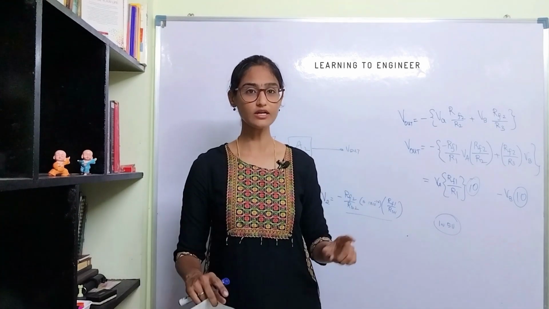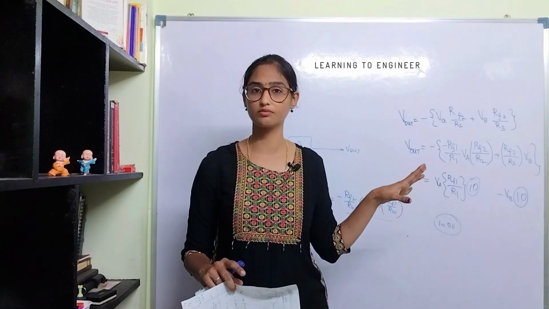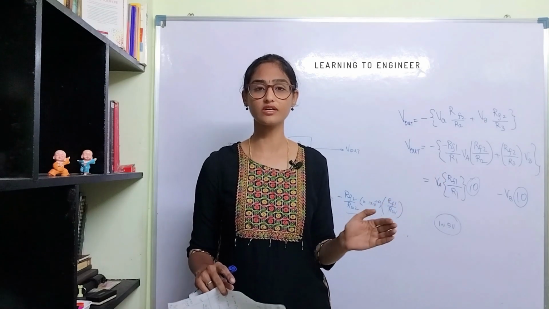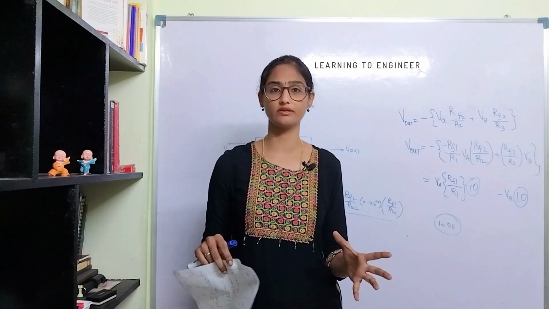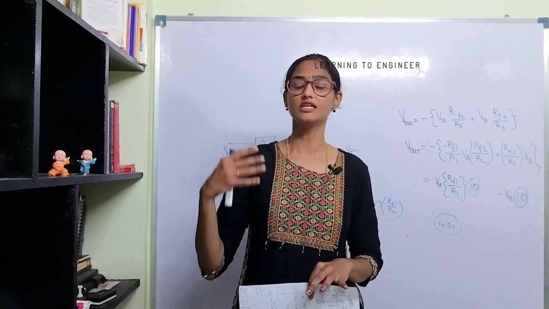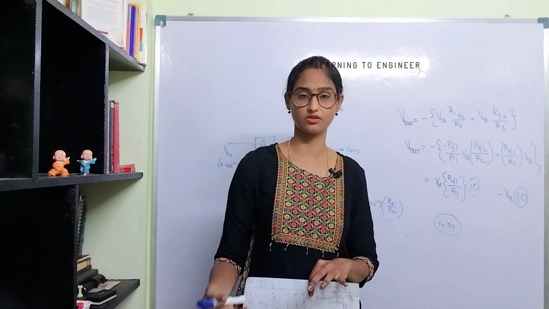So I recommend you to check out this video where I have talked about the virtual ground concept of op-amp, and then proceed with the video where I have explained the positive feedback concept in order to understand the application of Schmitt trigger and comparator concepts also.